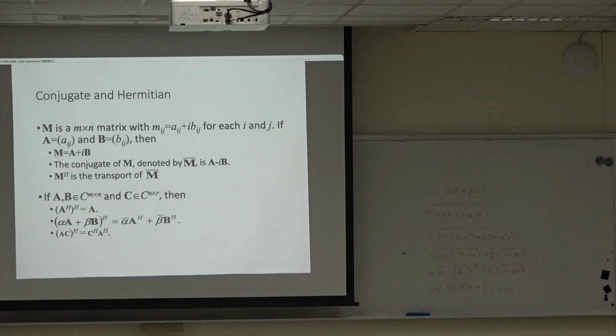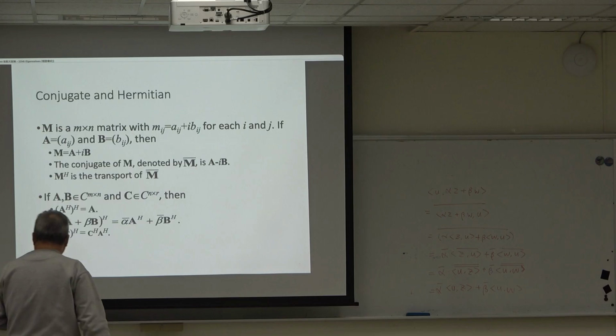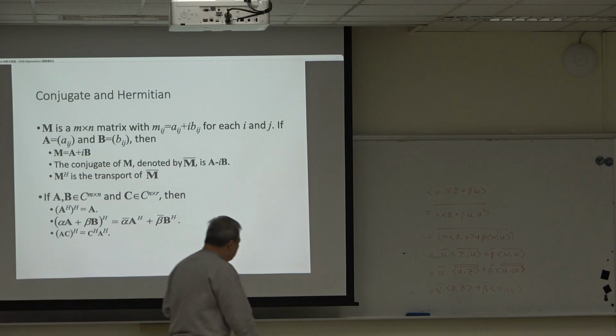And (AC) Hermitian is C Hermitian A Hermitian. This is not the definition; these are rules you need to prove. I will just give one, and the others I think you can do yourself.